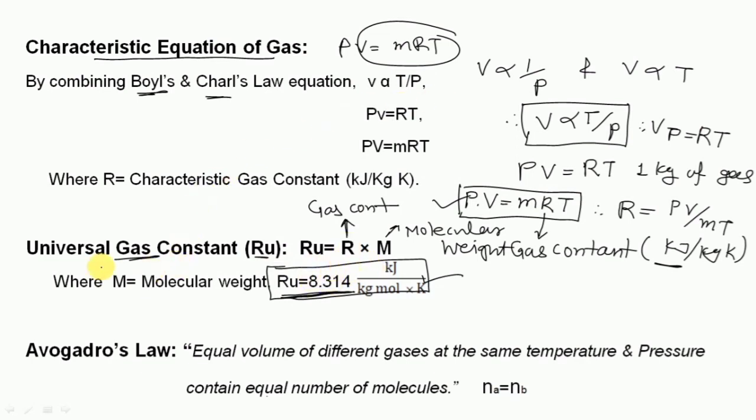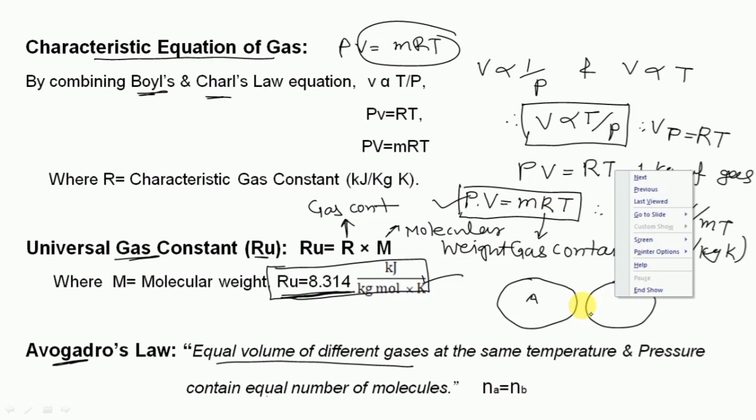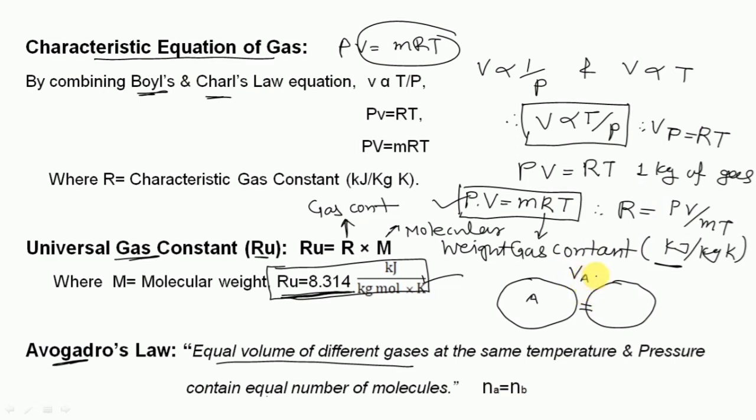Now here is Avogadro's law. What does Avogadro say? Avogadro says, for equal volumes of different gases: if you have two gases, gas A and gas B, having the same volume, so VA is equal to VB.